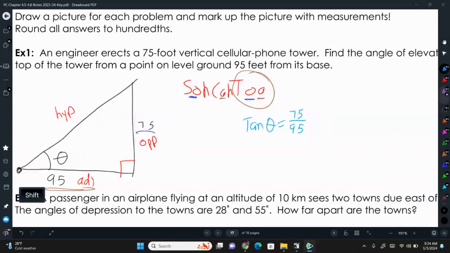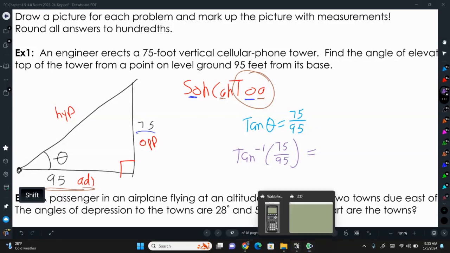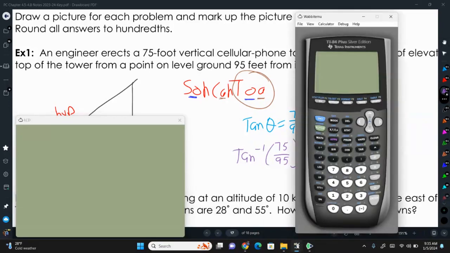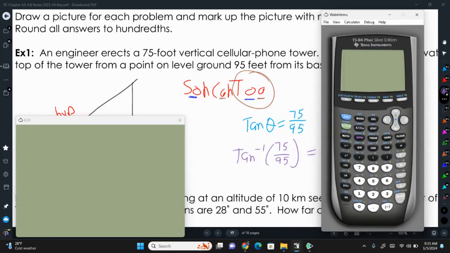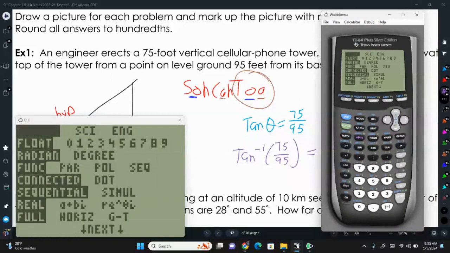So then to calculate the angle, we're going to use the inverse tangent of 75 over 95, and that's going to give us the angle measure. Now, in word problems, we always use degrees, so we want to make sure that our calculator is set to degrees. So mode, degrees.